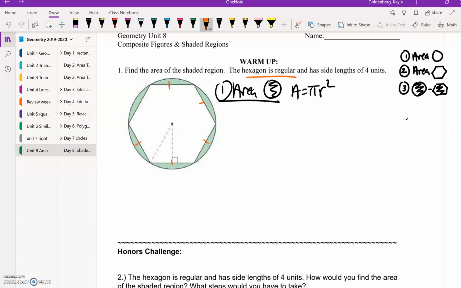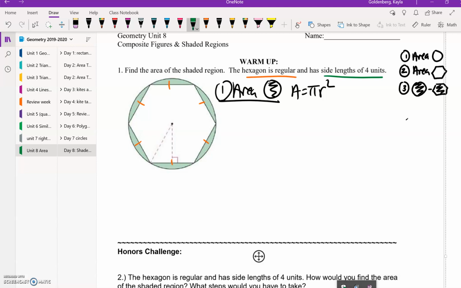So I'm just going to mark those real quick with tick marks. And they also told me that it has side lengths of 4. It looks like it might be easier to start thinking about the hexagon ideas. I don't think I can easily get the radius without doing some work, so we might have to first think about hexagons or the smaller triangles.